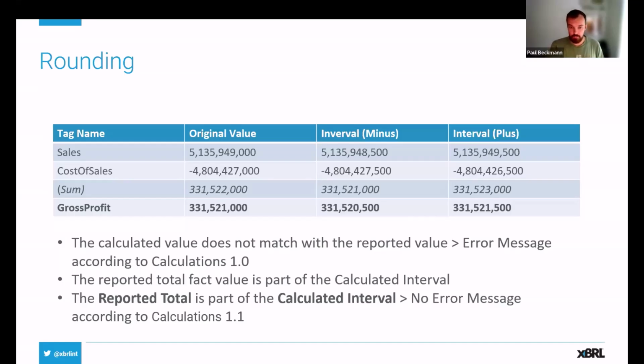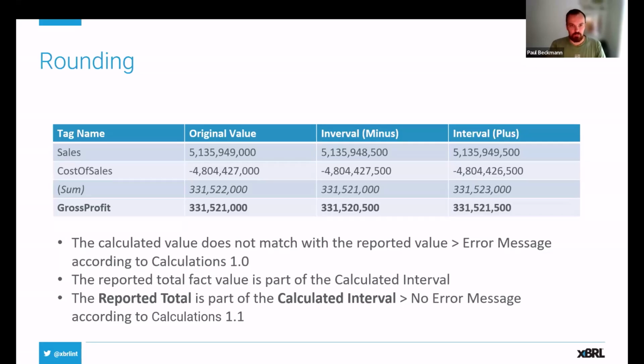There's no error message popping up, as it is most likely a rounding error here. So you can see it makes our lives a lot easier using Calculations 1.1, as rounding errors happen in reports. Period.